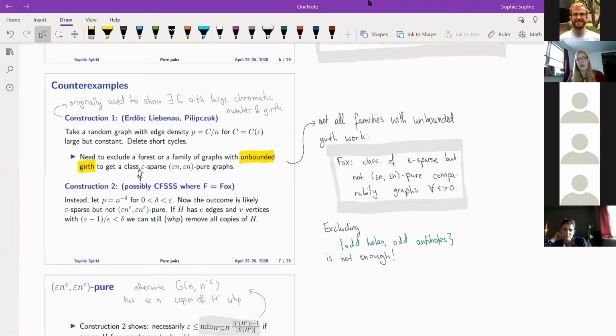So the first construction, the one that tells us let's exclude a forest, is we can just take a random graph with very low edge density, every vertex just having large constant degree in expectation. This, as it turns out, already with high probability gives you a graph that doesn't have two linear size sets with all or no edges between them. And also, it doesn't have many short cycles.